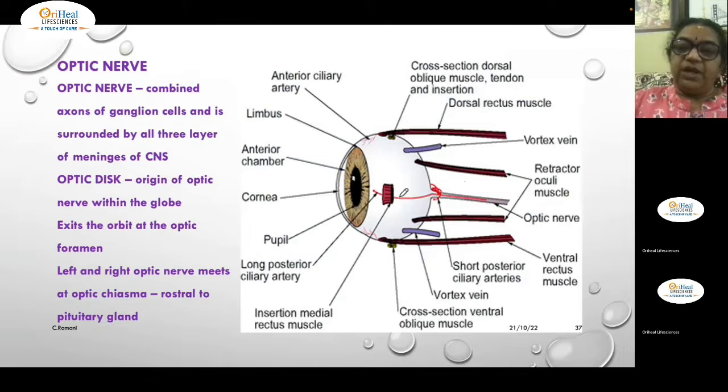So that is why the eyeball is a direct extension of the forebrain. And the optic nerves, which come out from both the eyes, will cross over. That is called the optic chiasma, and this optic chiasma is present very adjacent to the pituitary gland. That is also a very important anatomical relationship.